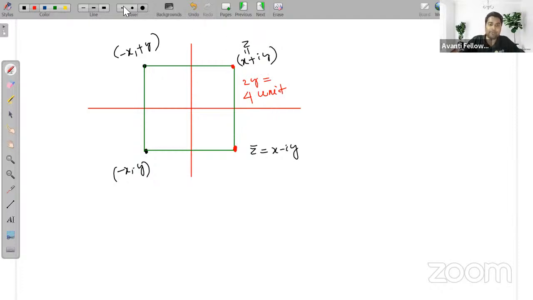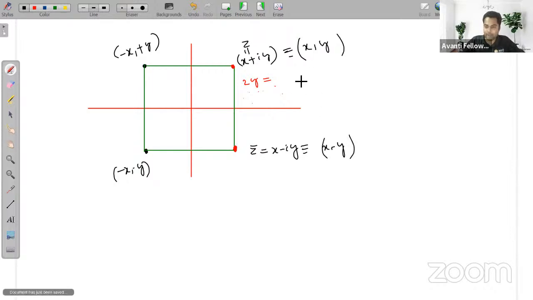Yes or no? You can also calculate it coordinate-wise. If you find the distance between these 2 points, you will get 2y units, which is given as 4.